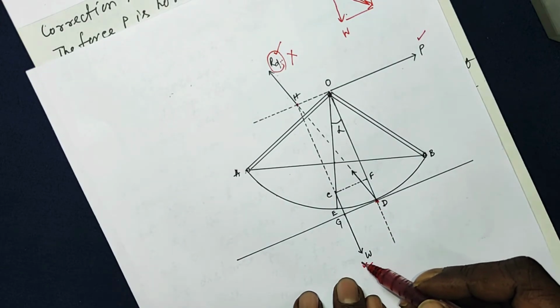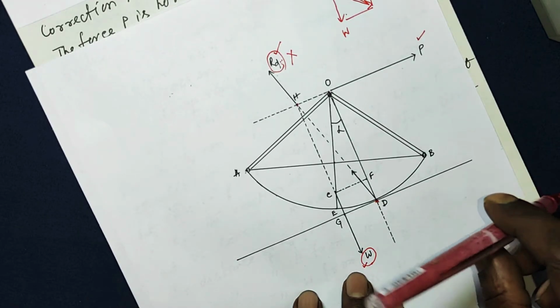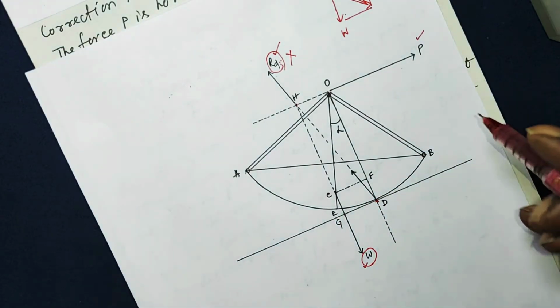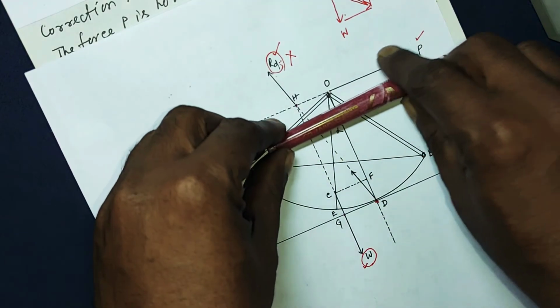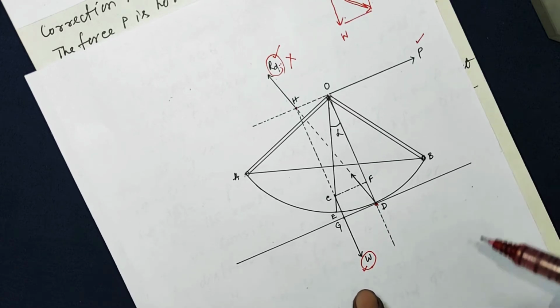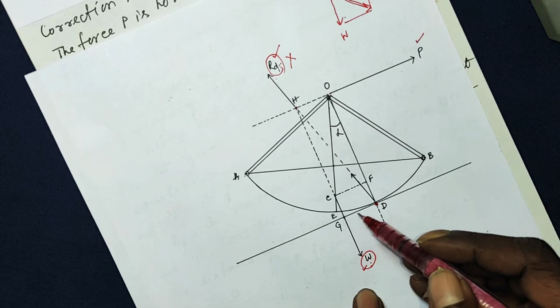So W will also produce a turning effect about point D, and that will be anticlockwise, and the turning effect of P about point D will be clockwise. So we need to know the perpendicular distances. OD is known. For W, we have to find out GD.